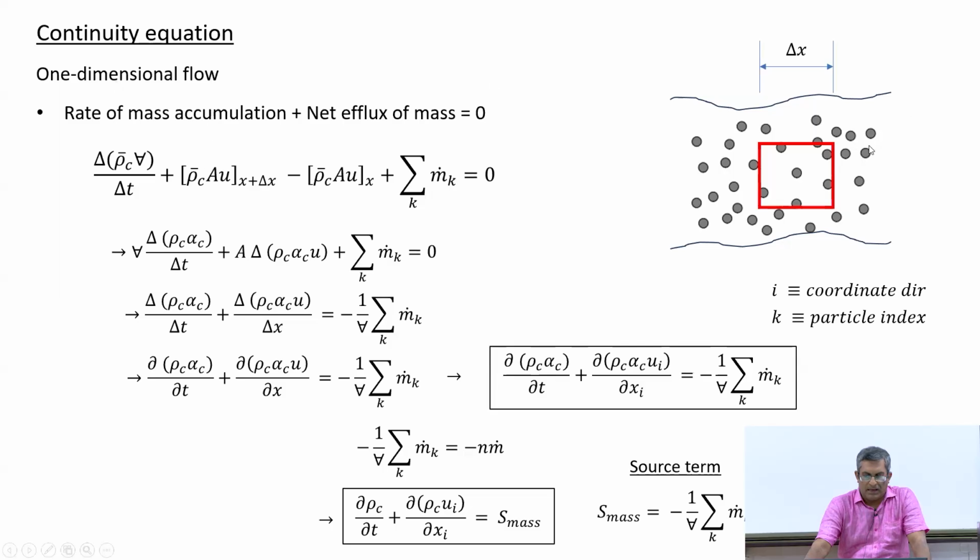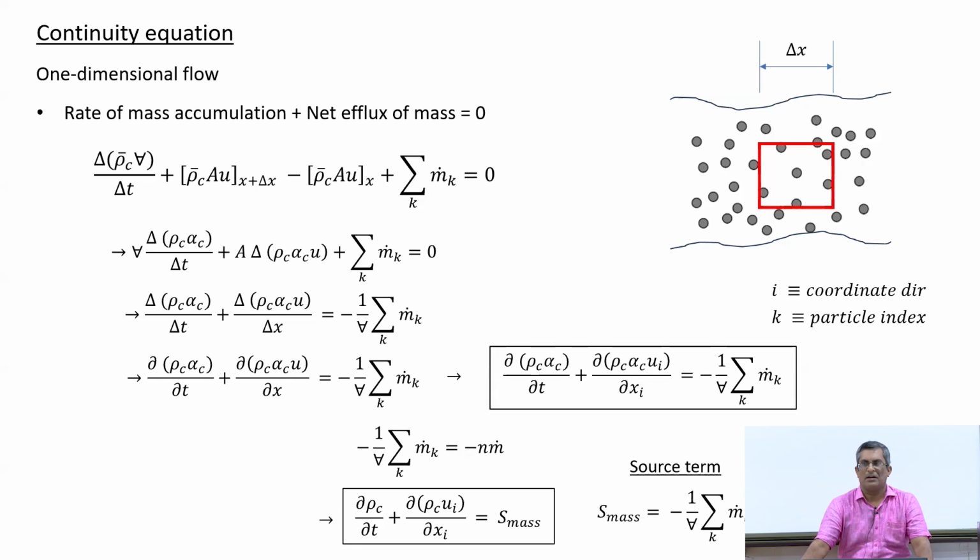So we can start with a one-dimensional flow. So here we consider one control volume. Then we know that from mass conservation, the rate of accumulation of mass within this control volume plus the net efflux of mass must be equal to 0.